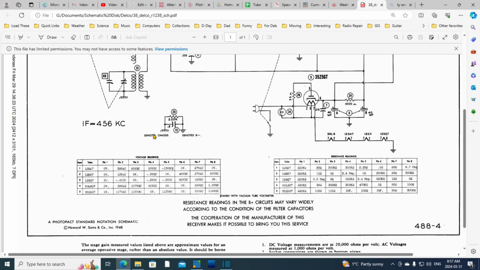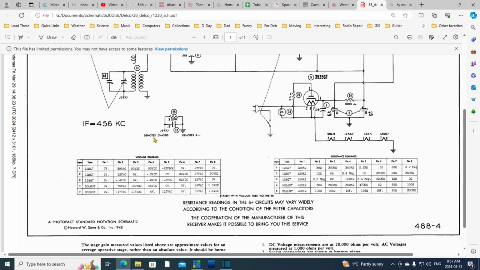You're going to get only the smallest of shocks off this. You won't even feel it necessarily. You can get what's called a brush shock, and also you can get some funny sparking if you drag wires on the chassis. But not enough current's going to flow through here to cause any real harm, unless this capacitor is shorted out or is very, very leaky.